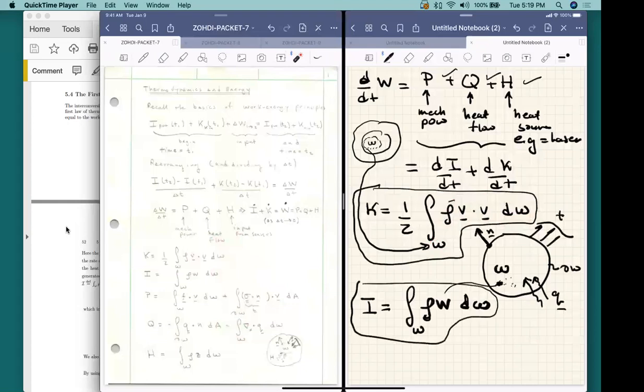No biggie there. Now, where the trouble starts is, what are these other quantities like P, Q, and H? So if I look at, for example, P, it consists of many different things. It's the integral of, for example, all of those body forces that we saw last week times the velocities integrated over the little volumes, plus the integral of the surface forces.